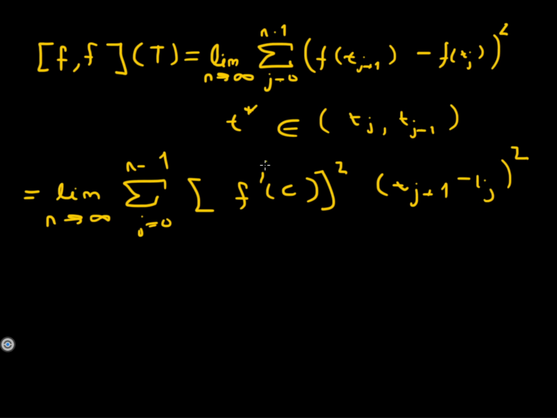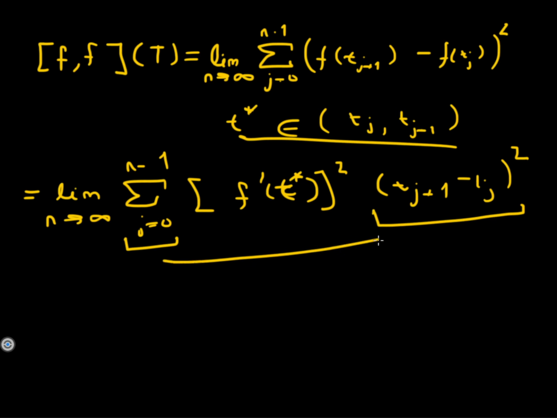Now, this will be our t star. So again, we use the mean value theorem by setting a condition and then changing the inside of our summation. Now, if you realize, we can take one part of it out of the summation as the norm of the partition, pi n.